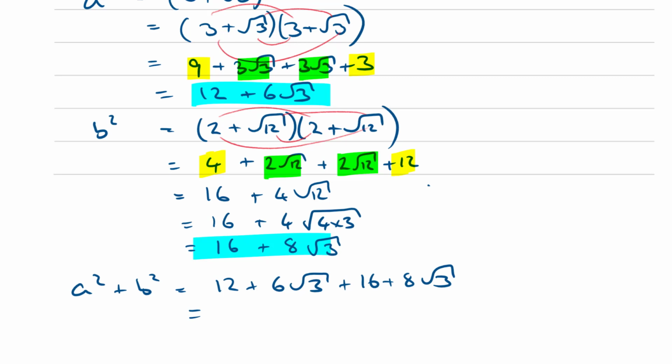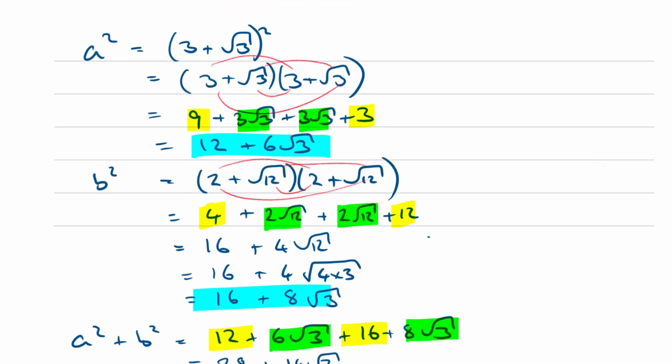So again, I've got two types of things. I've got numbers and I've got terms in root 3, which I can add together. So 12 plus 16 is 28, and 6 root 3 plus 8 root 3 is 14 root 3. So a squared plus b squared is 28 plus 14 root 3.